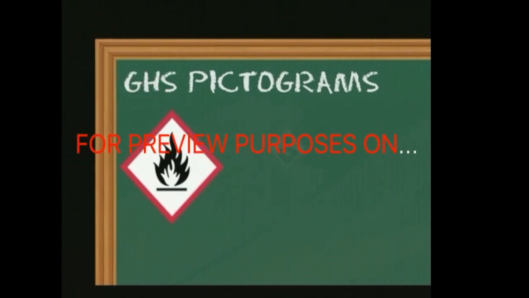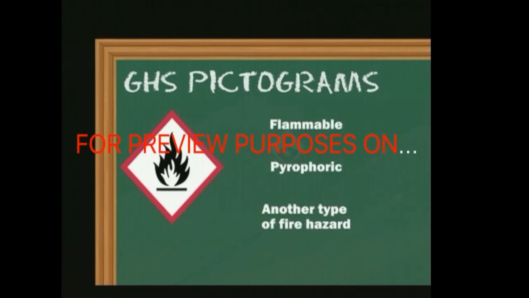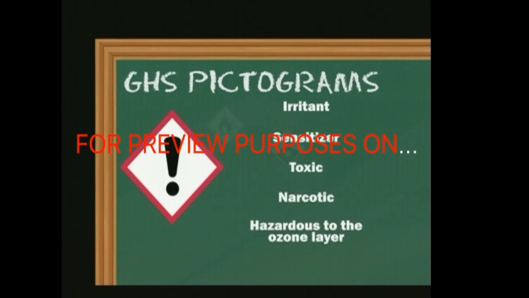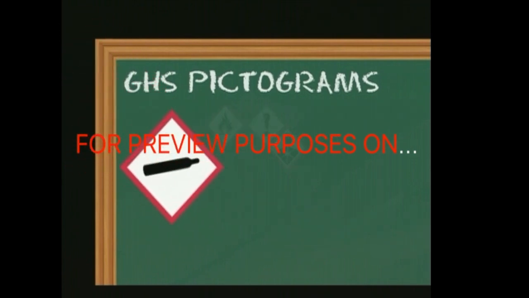A flame indicates that the chemical may be flammable, pyrophoric, or another type of hazard. An exclamation point indicates that the chemical may be an irritant, sensitizer, toxic, narcotic, or be hazardous to the ozone layer. A picture of a gas cylinder indicates that the chemical is a gas under pressure.